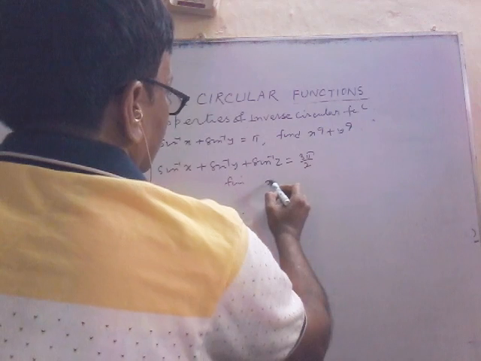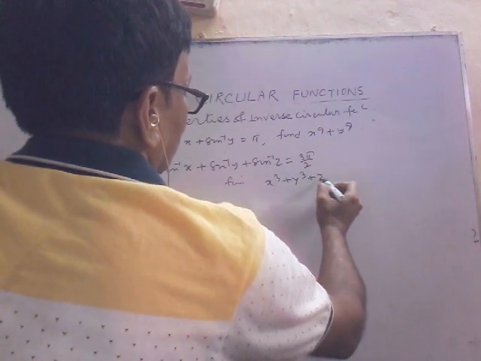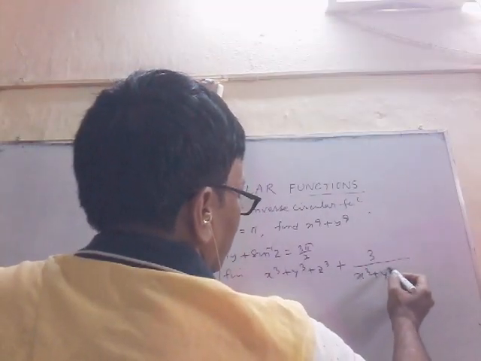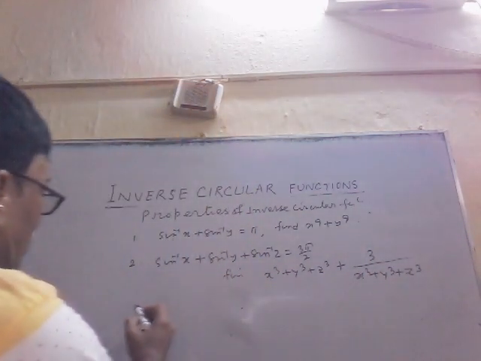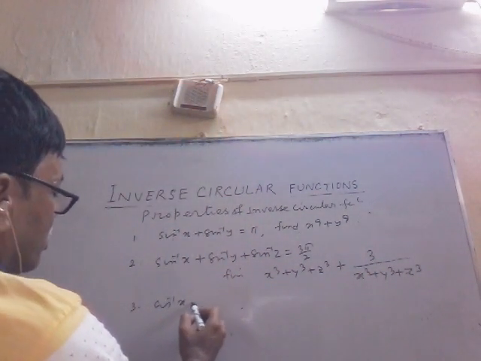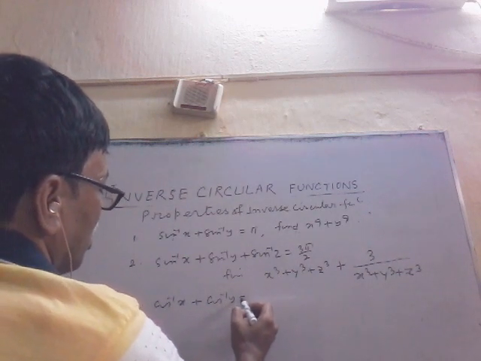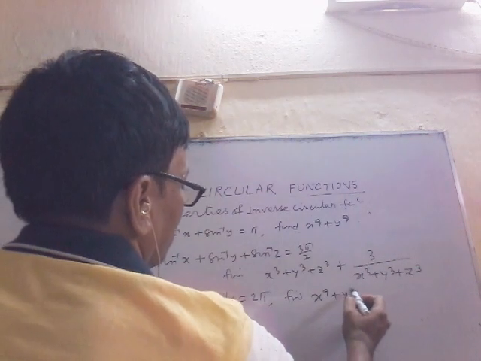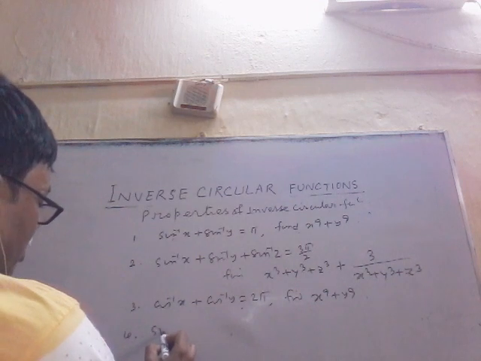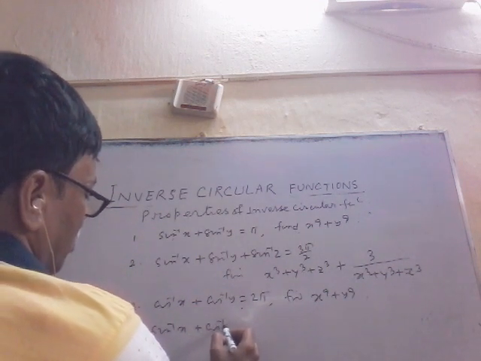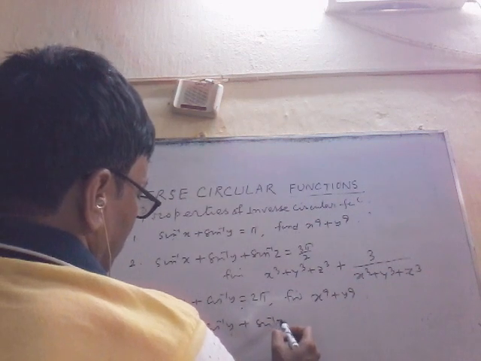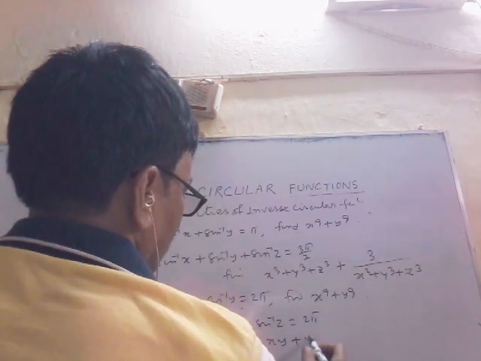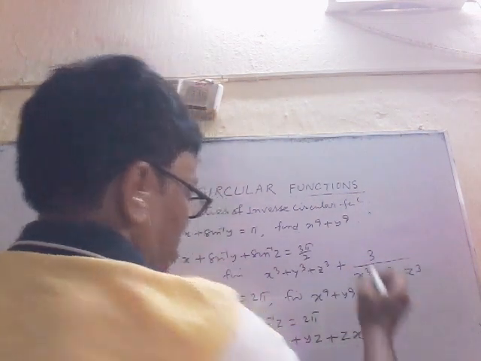Find x cube plus y cube plus z cube. Number 3: cos inverse x plus cos inverse y equals 2 pi. Find x to the power 9 plus y to the power 9. Sin inverse x plus cos inverse y plus sin inverse z equals 2 pi. Find xy plus yz plus zx.